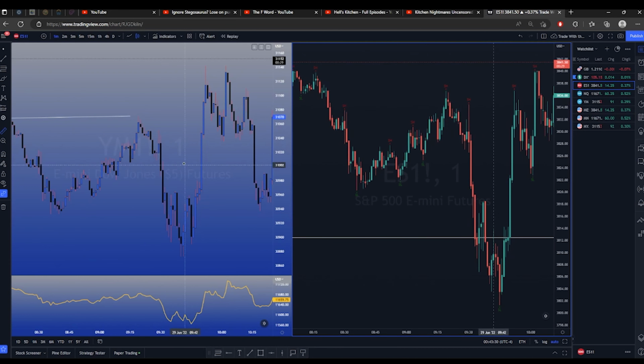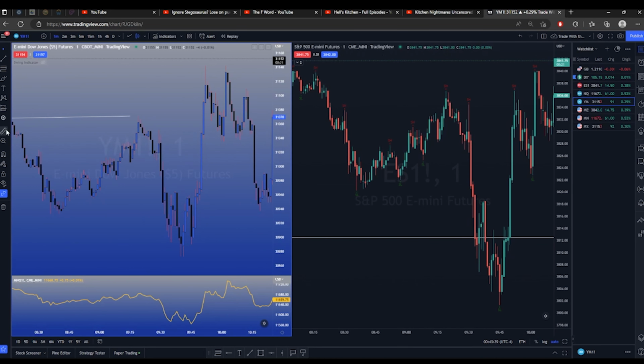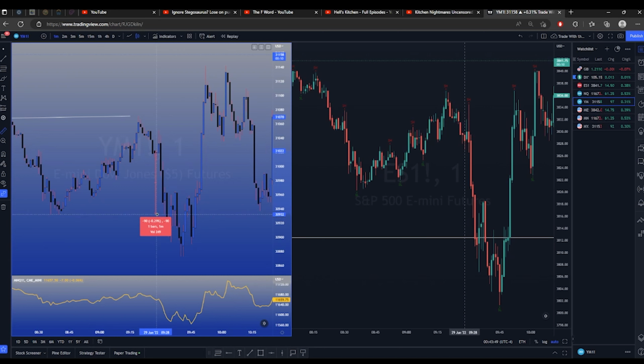You place your entry right there. We'll say we get in on the high of that candle right there. Oh crap, sorry y'all. And then if you had gotten in on the high of that candle, you take it down to the low, you would have gotten about a 90 to maybe 100 point play, depending on whatever you did.